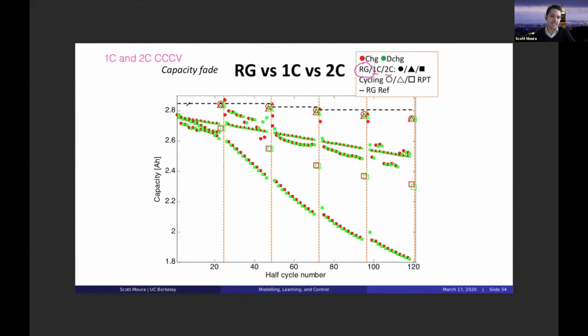So what you can see is the capacity fade, which goes quite rapidly because these are energy cells, for these different cycles. And what you can see here is that the reference governor is decaying at a rate that's similar to 1C CCCV. These squares here are 2C CCCV. So whatever is happening, it seems that the cells are aging roughly as quickly as 1C CCCV.